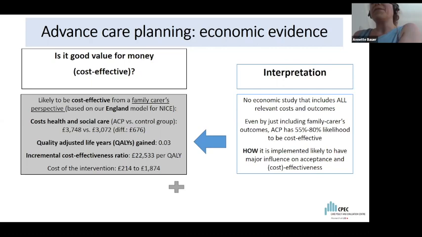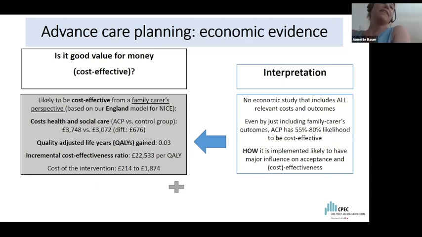And it was important to understand that the cost of the interventions were ranging very widely from 200 to just under 2,000. And so our interpretation is, and that's what you also find in terms of the evidence presented on the Essence website, that the evidence has to be taken with some kind of caution. So there's currently no economic study that really includes all relevant costs and outcomes.